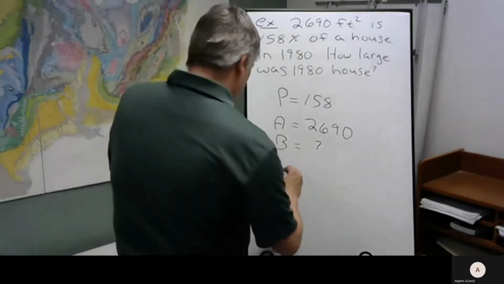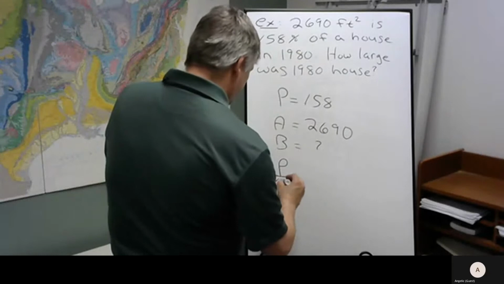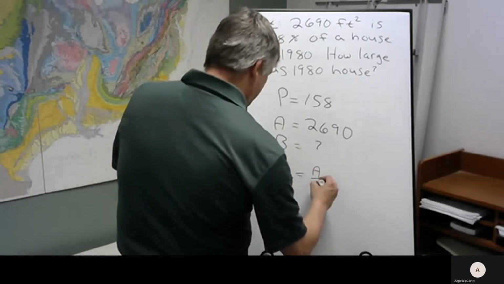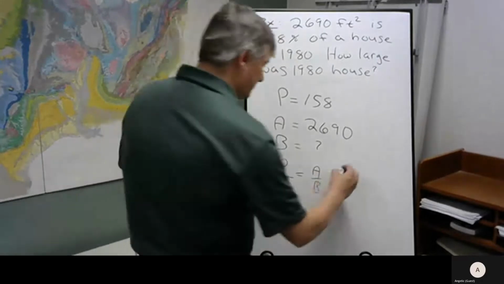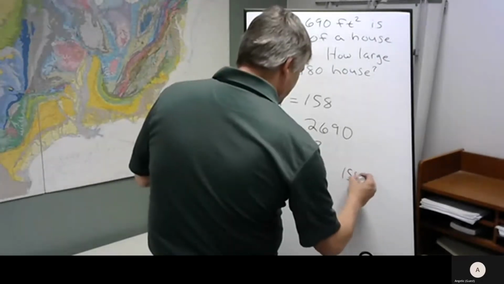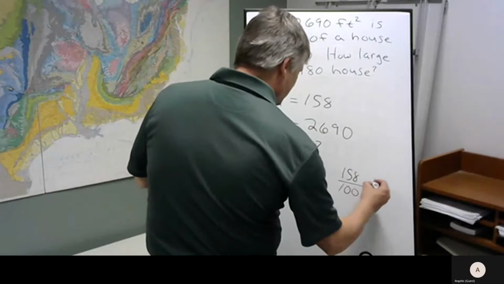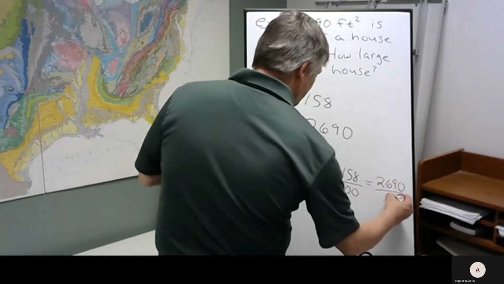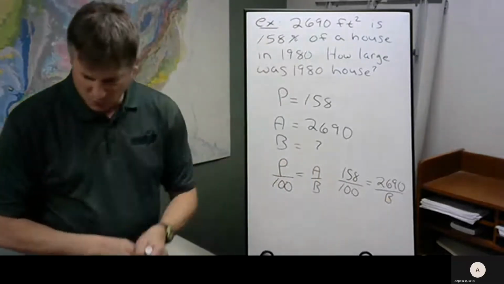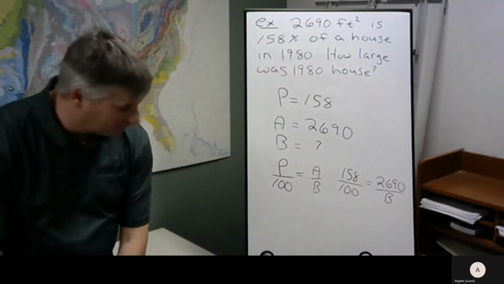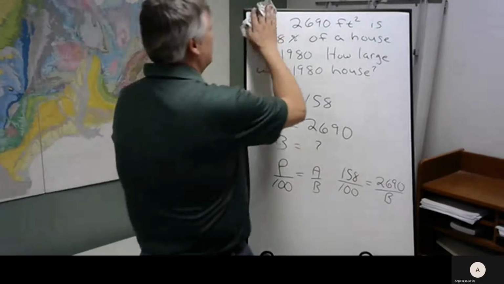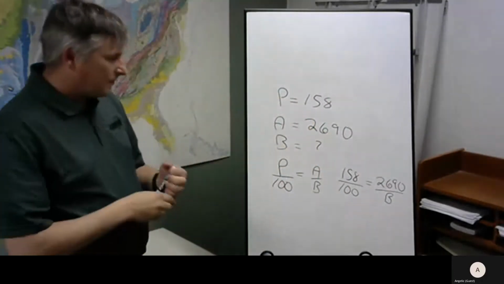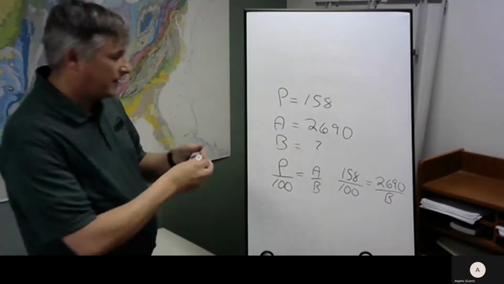So we put everything together. P over 100 equals A over B, or 158 over 100 equals 2690 over B. So the way we can solve this is cross multiply.